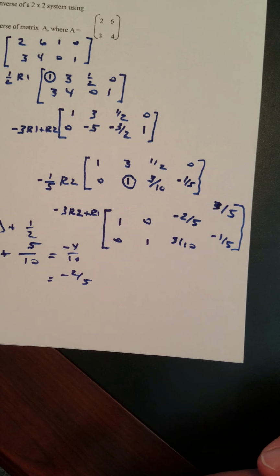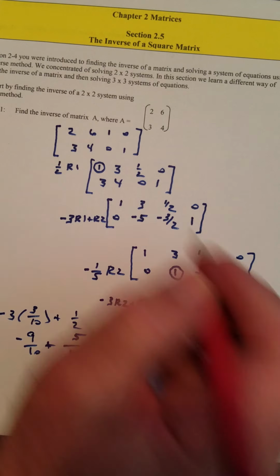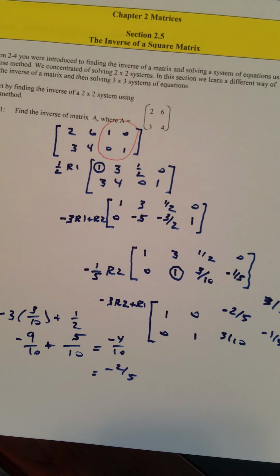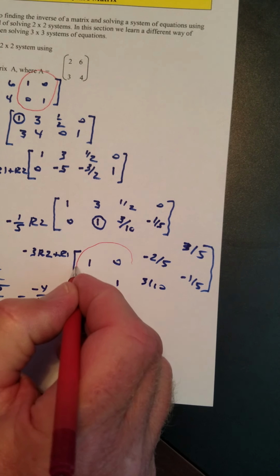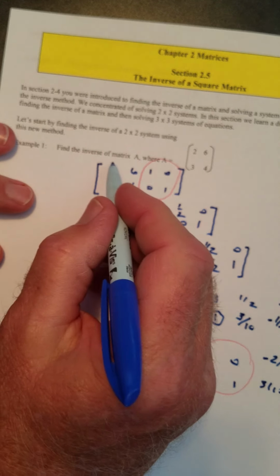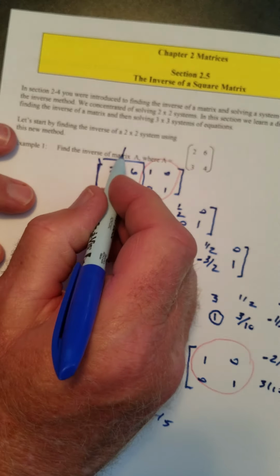Notice what happened. When we start up in here, see the identity there on the right? And at the bottom, the identity is now over on the left. Up here, this is matrix A. And down here on the right, what do you think that is?